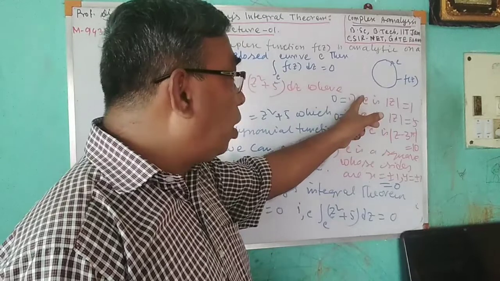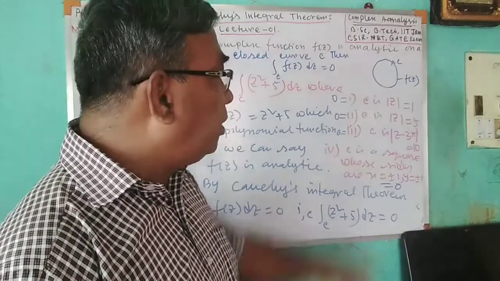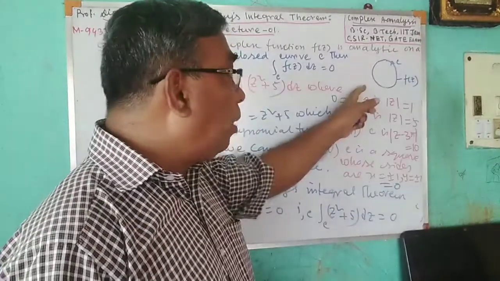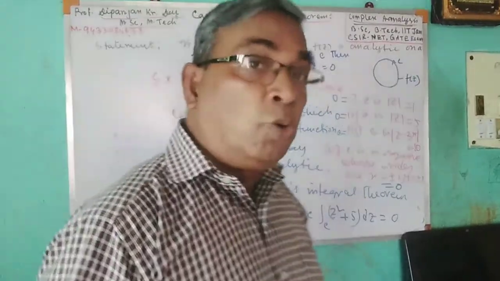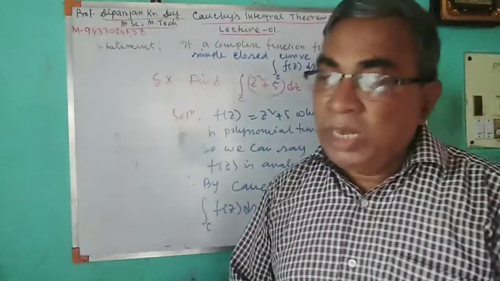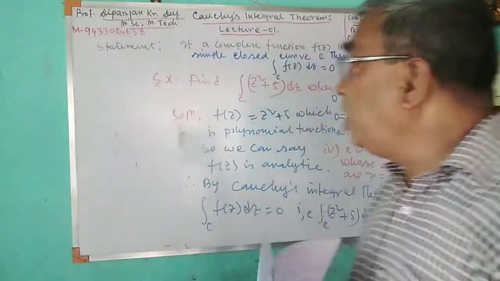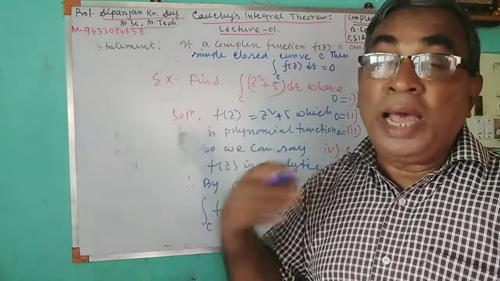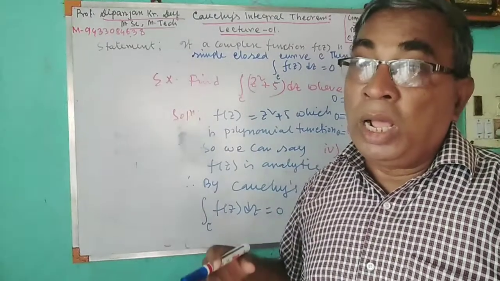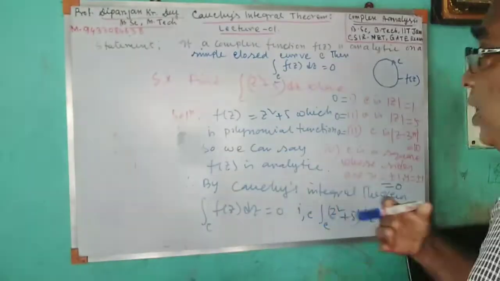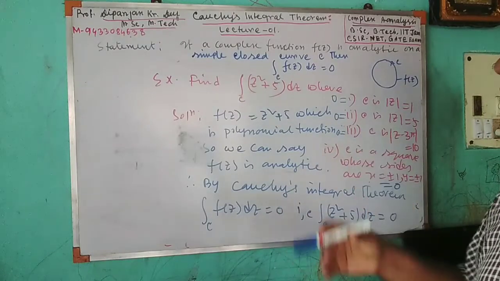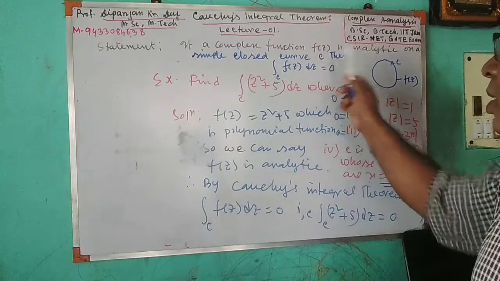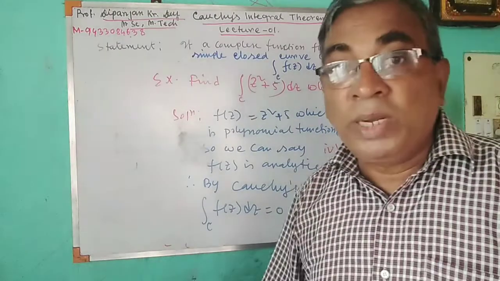So the answer of all these 4 questions is 0. Firstly, you have to identify whether f(z) is an analytic function or not. When f(z) is analytic, then directly you can say the integration on any closed curve of f(z) dz is equal to 0. I think everybody understood very nicely.